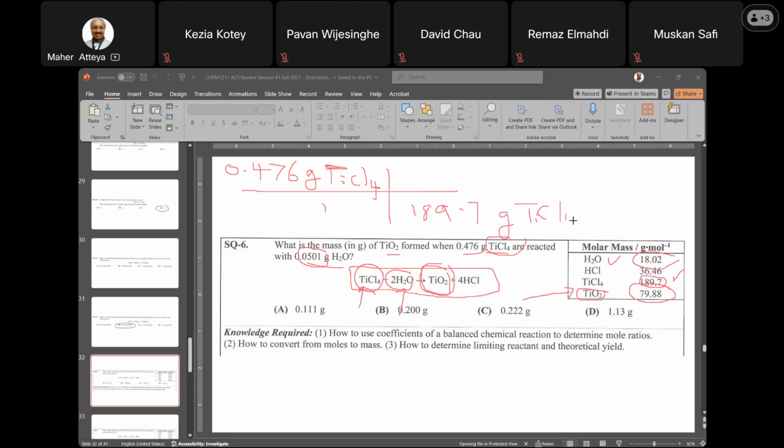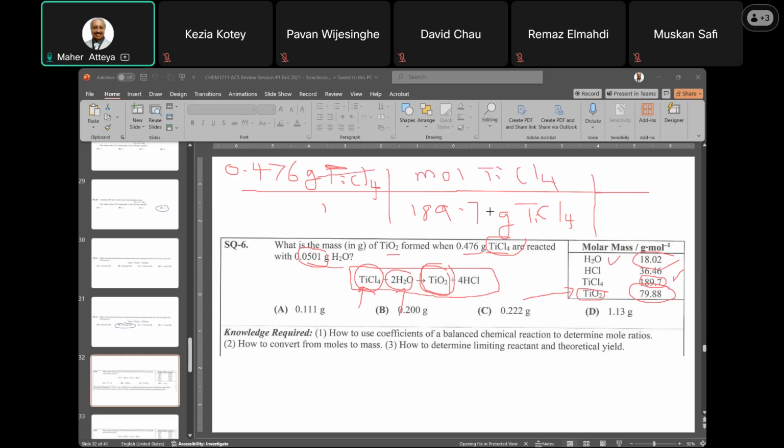On top, mole of Ti. So now the grams cancel out. We have to look at the next step here.